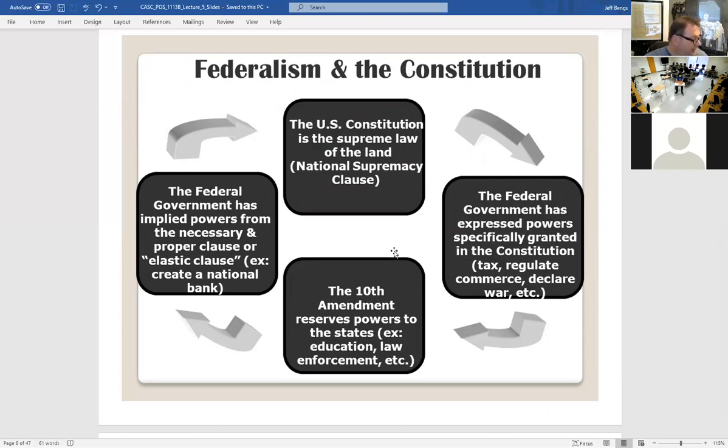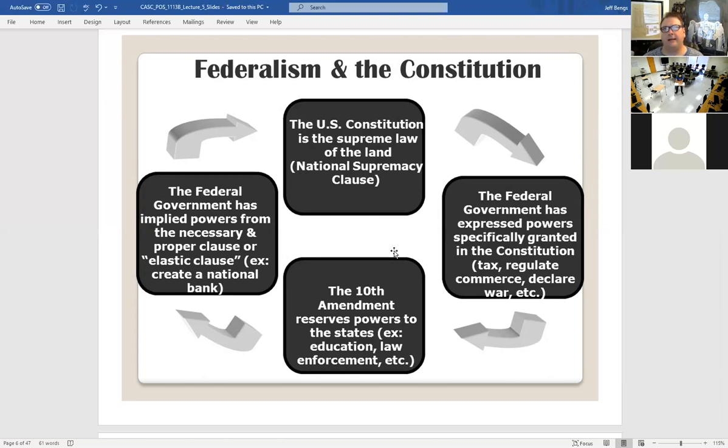Now, when we think about government power and authority, federalism was very, very scarce before our Constitution and our government was put in place.